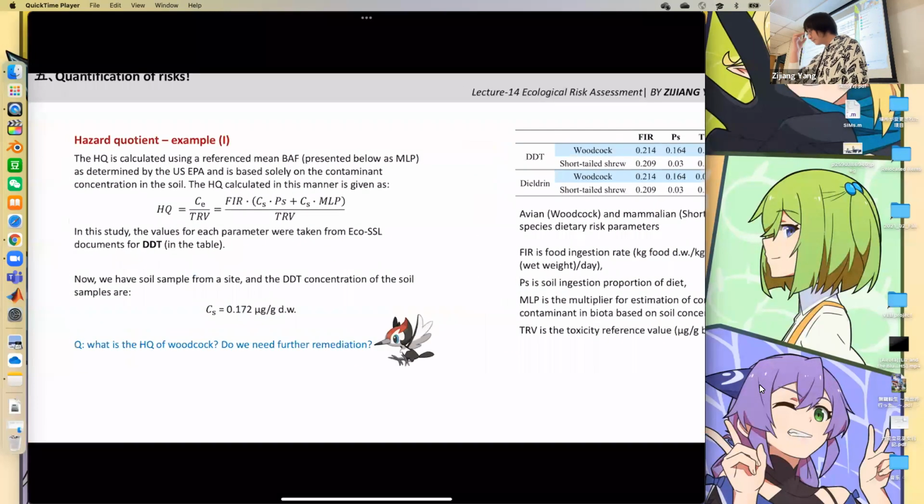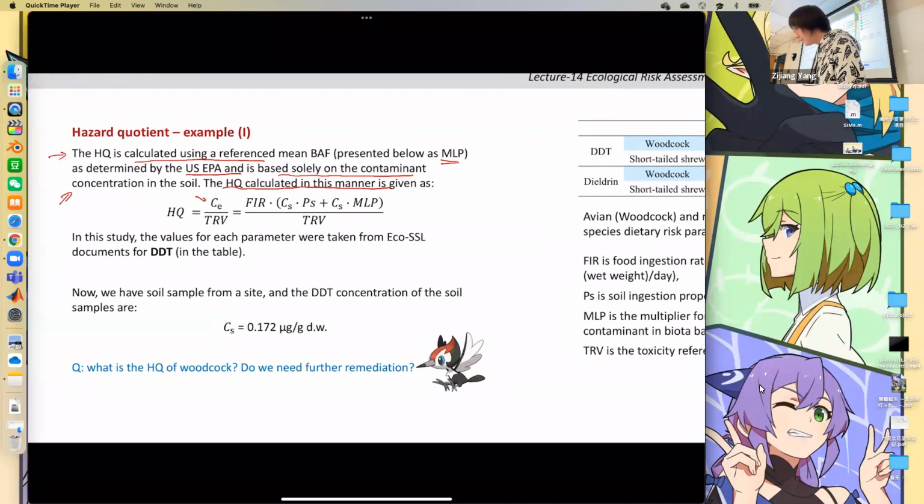So we know that the HQ is calculated using a reference mean BAF or MLP as determined by US EPA and is based solely on the contaminant concentration in the soil, and the HQ can be calculated in this equation. In this case, we still have the exposure concentration, but this will be replaced by this formula.